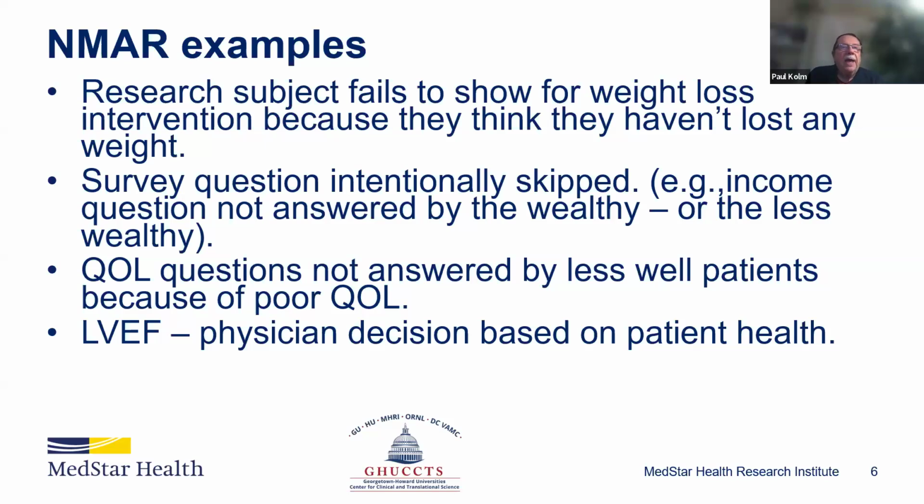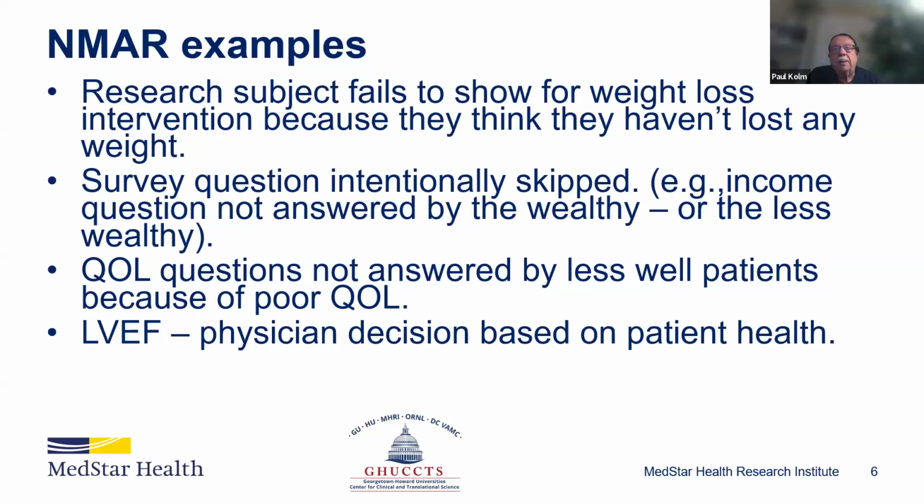Then if you have particularly repeated measures, say you have a quality of life questionnaire, especially if you're doing this over time, you measure, get a response to questions at baseline and say 3 months, 6 months, or a year. Typically, if this is quality of life, then as time goes on, the less well patients are not going to respond to it.